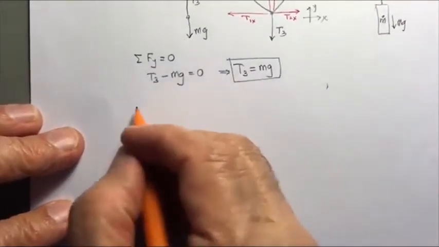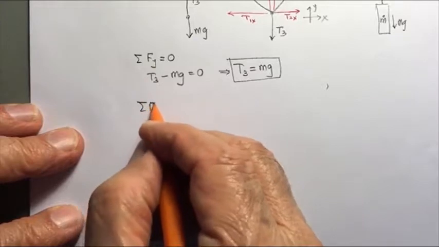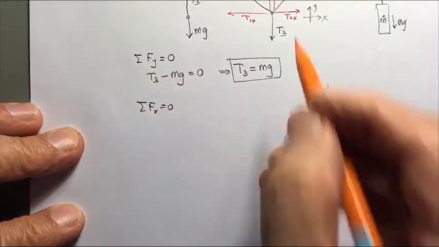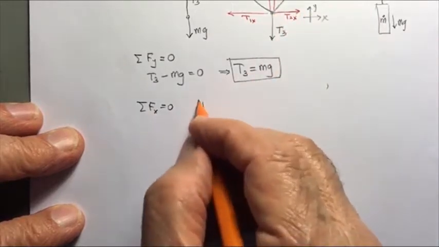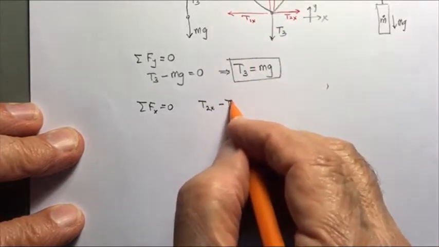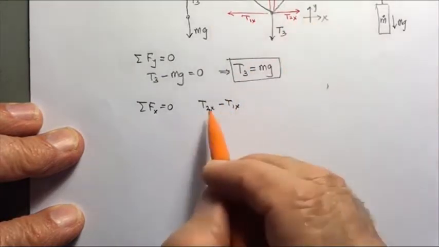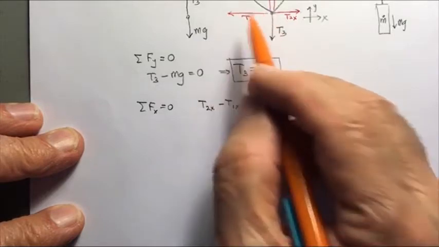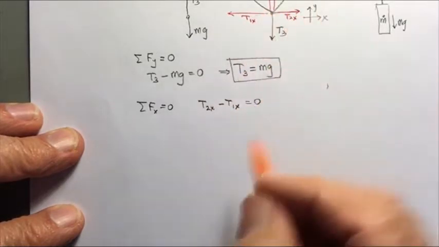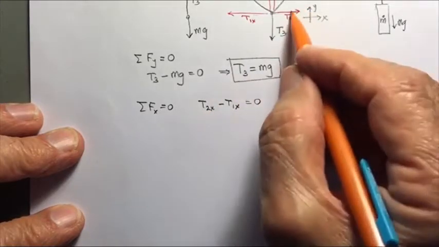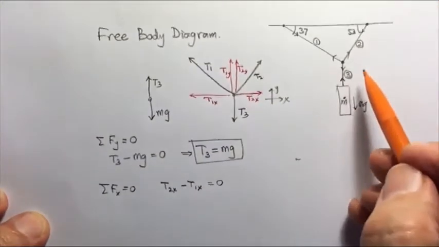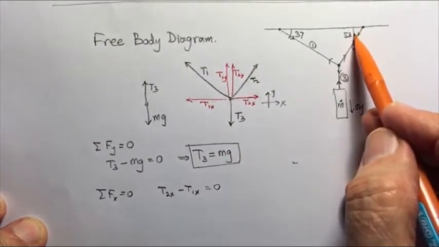So now we write the sum of forces in the, let's say, x direction first. So in the x direction we have T2x minus T1x. T2 is to the right, so it's positive. T1x is to the left, so it's negative. And they equal 0. These are the only two forces. Well, T2x, this angle is 53 degrees.